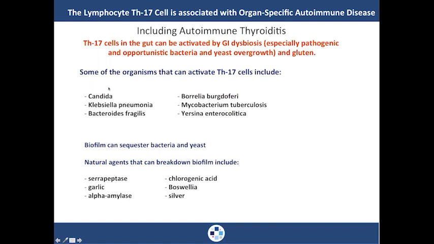Here's what happens. This cell can become activated by these conditions: Candida, Klebsiella, Bacteroides fragilis, Borrelia burgdorferi, you may know that as Lyme disease, Mycobacterium tuberculosis, Yersinia enterocolitica, which has been associated with Graves' disease.